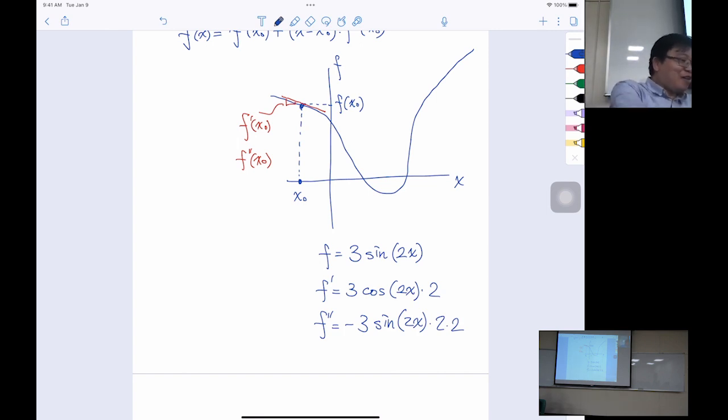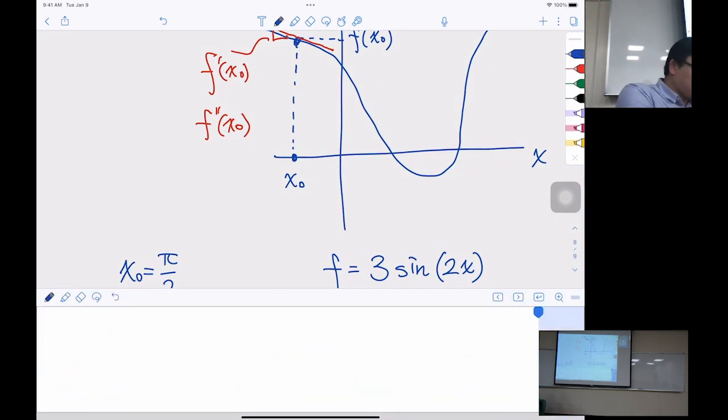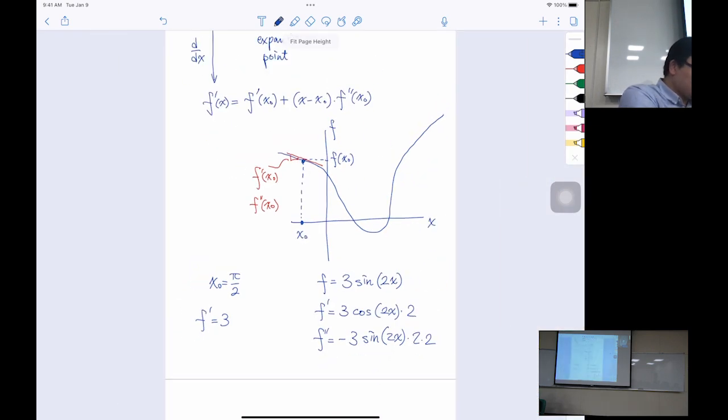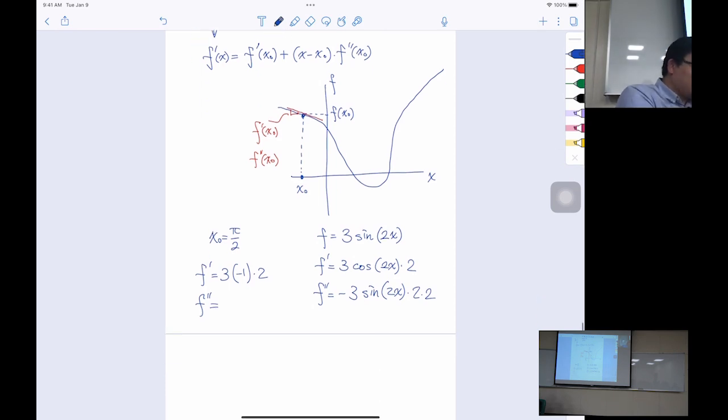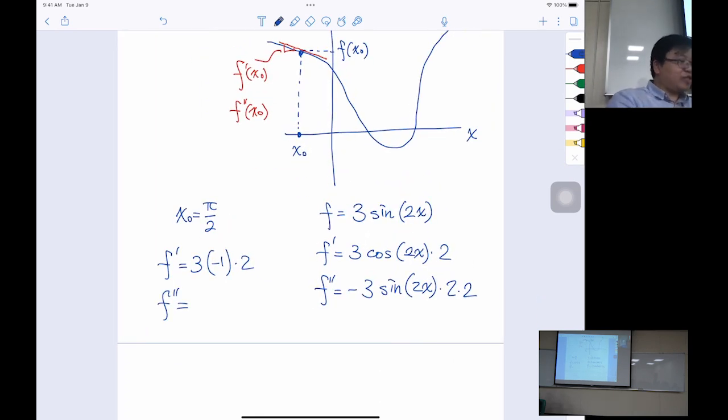Okay, so I have functions like this, and if I plug in a number, for example, if x0 equals 1/2 of pi, then f prime equals 3 cosine pi, which is -3, right? Oops. F double prime of this function, sine pi, no, cosine pi is 0.